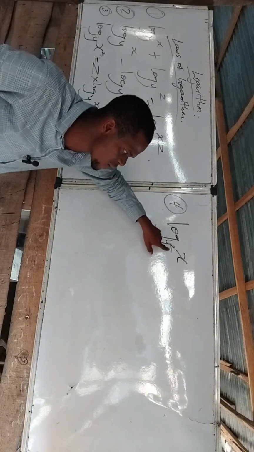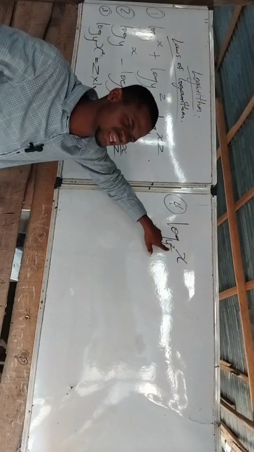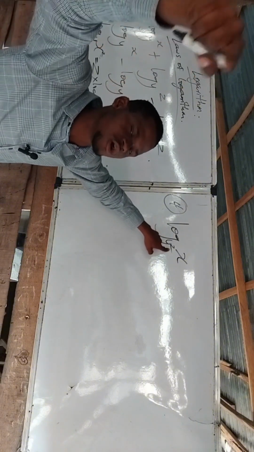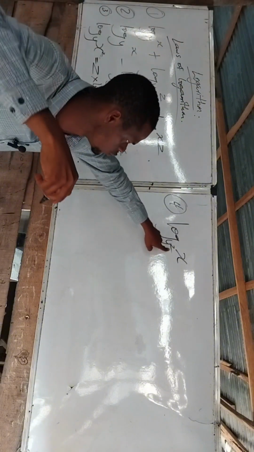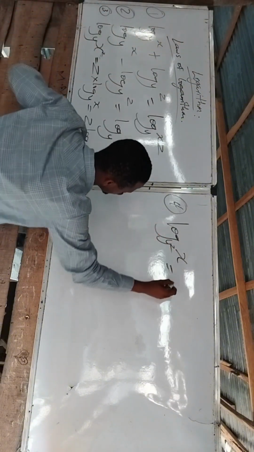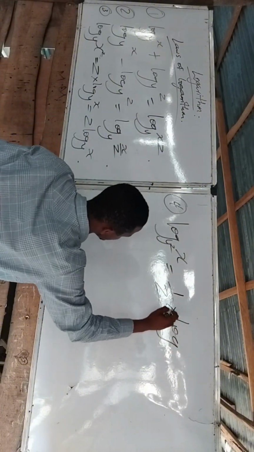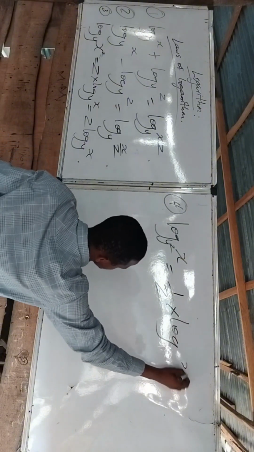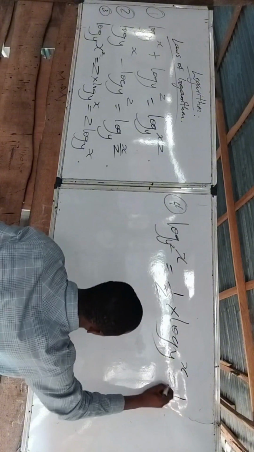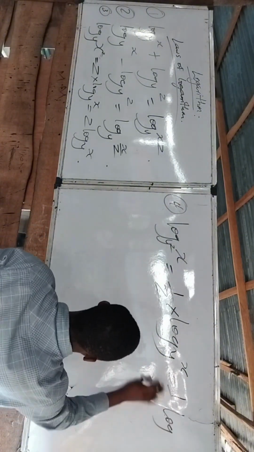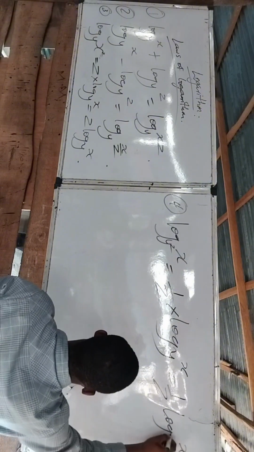The power here is z, and the inverse of z is 1 all over z. You are going to have 1 all over z times log s base y.